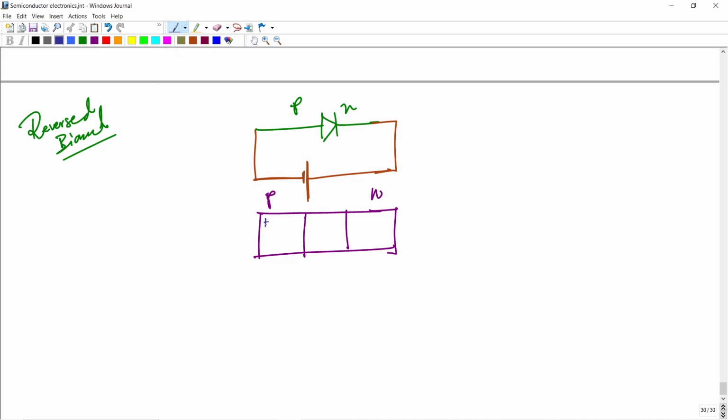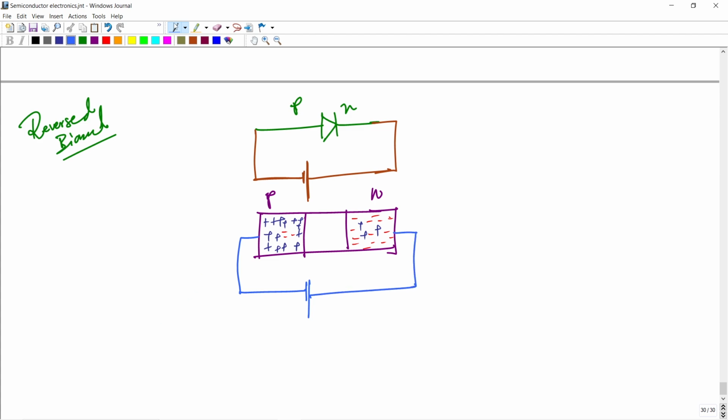So holes are more in the P region, less in the N region, and electrons are less in the P region and more in the N region, because the electron is the majority carrier in N, and now it is connected to this configuration, negative terminal.